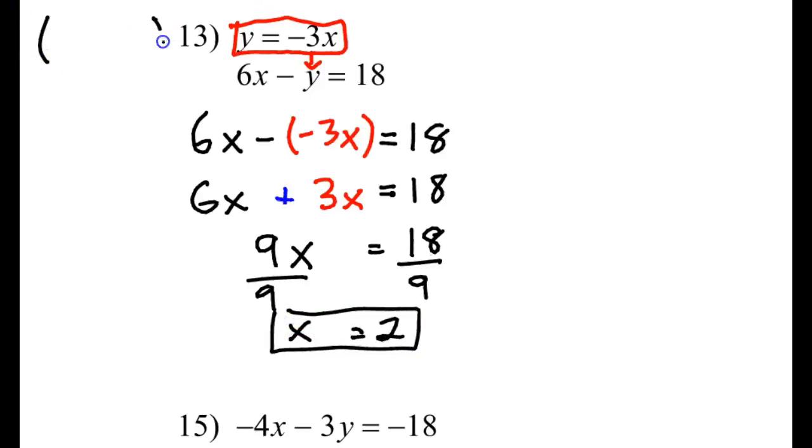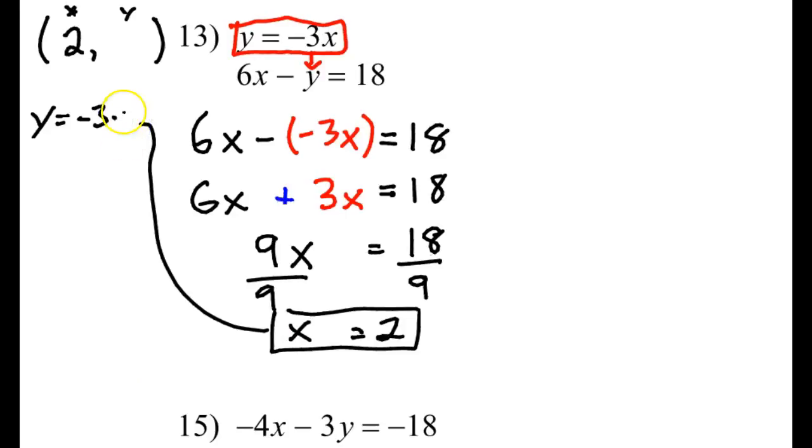So I know that my x, x comma y, I know my x is 2, but my y is going to be -3 times 2. So the y is -6. So this last part, that's what's different from the front side. Have to figure out what y is. It's not given to you straight up.